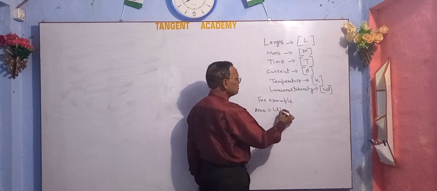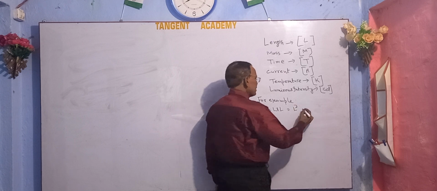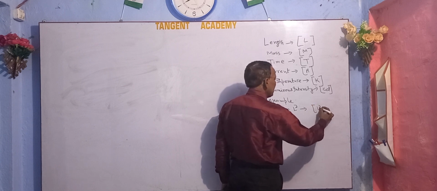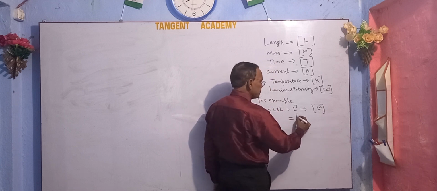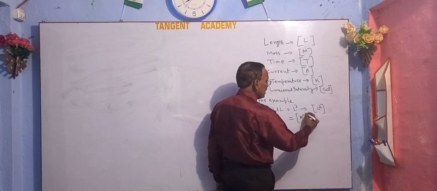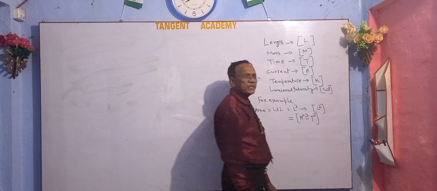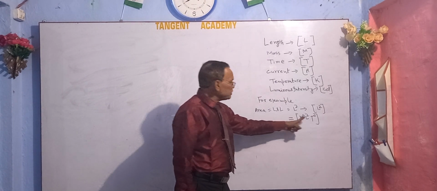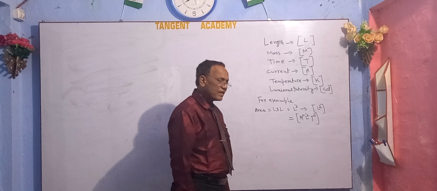Length into length, length square, whose dimensional formula is written as bracket L square, which is finally written as M0 L square T0. It means the area has 0 dimension in mass, 0 dimension in time, and 2 dimensions in length.